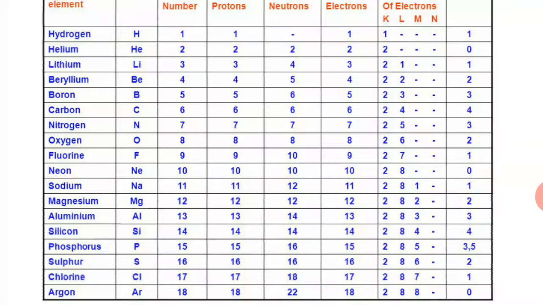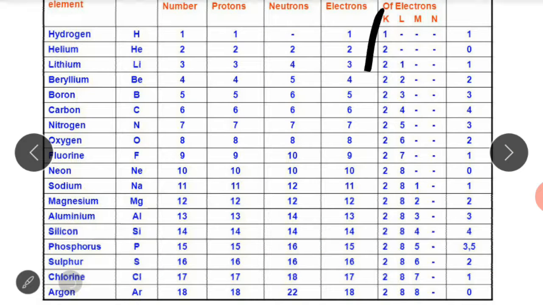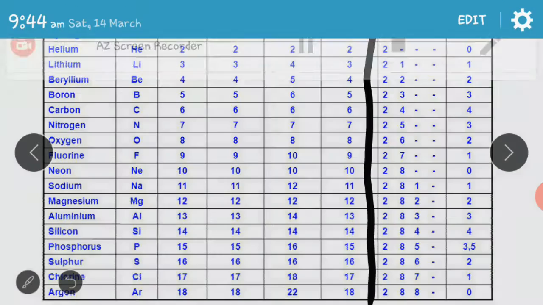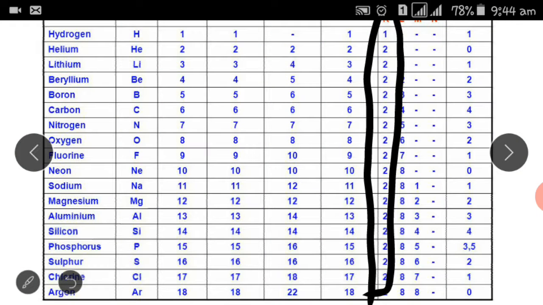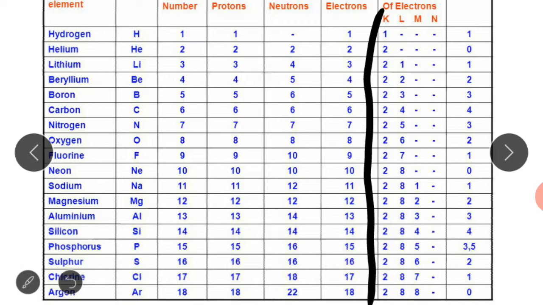There is a capacity that has been given to each and every shell. K will only retain 2 electrons. This is the rule of an atom. L will only retain 8 electrons. So what will happen when we have another one?